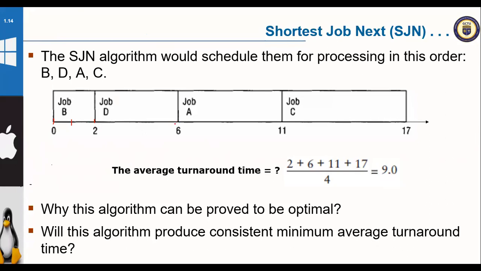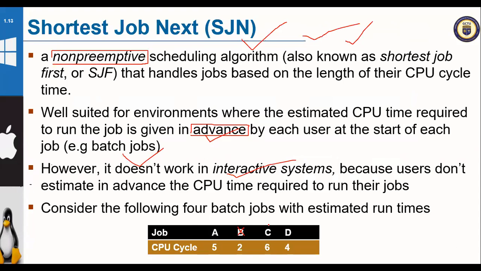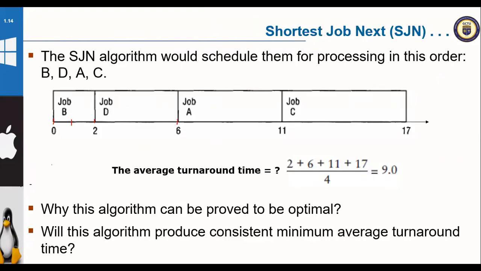D is completed. Operating system will ask again, who has the shortest job next? We look at this, see if D is gone, we have process A, who has 5 CPU cycles. So A is given the mantle to execute. A executes for 5 times, and we get to 11.